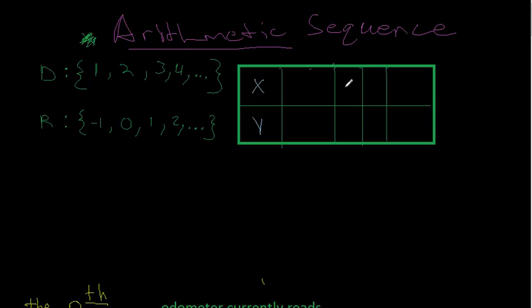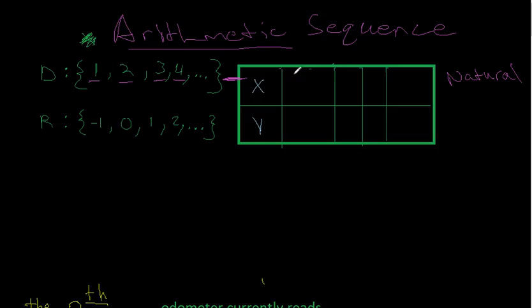Yeah, absolutely. So to have an arithmetic sequence, you need two things. First, the domain, so D, right? Domain also stands for your x values here, right? They have to be the natural numbers. So what are natural numbers? They're any whole positive number.